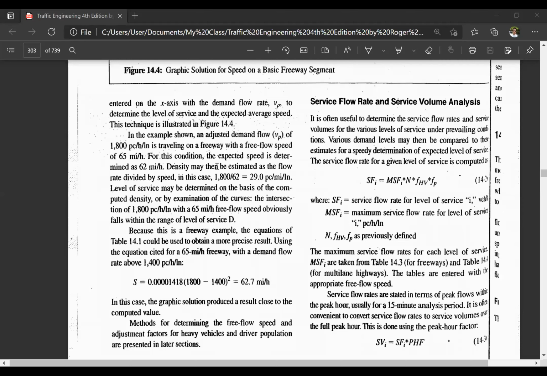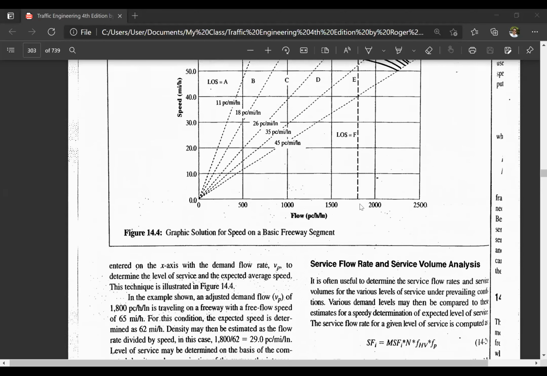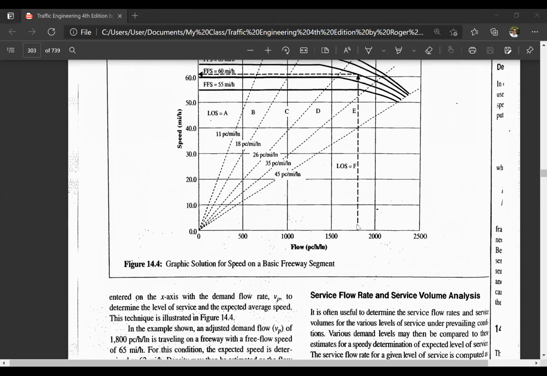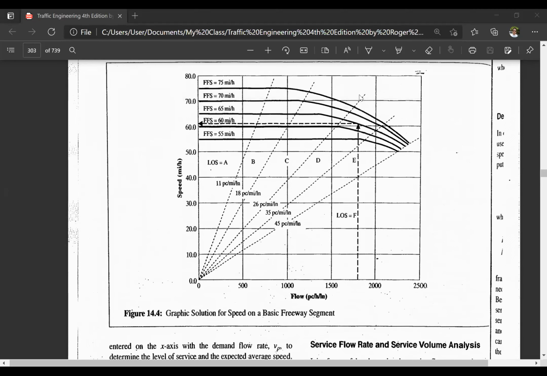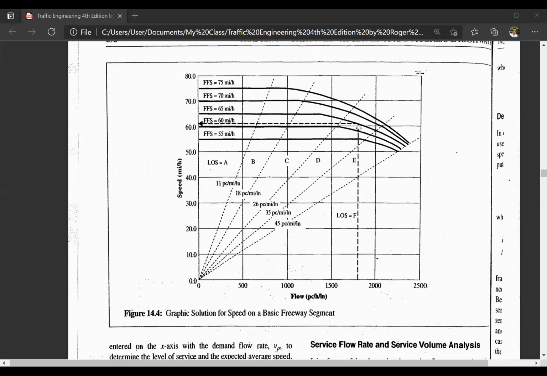For this condition, the expected speed is determined as 62 miles per hour. Why? 1800 passenger cars per hour per lane right here hits the speed-flow curve for the 65 free flow speed facility.